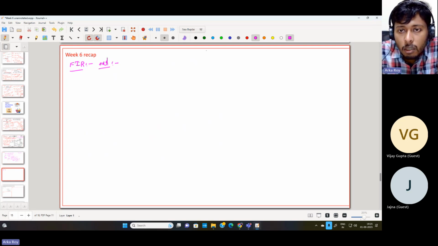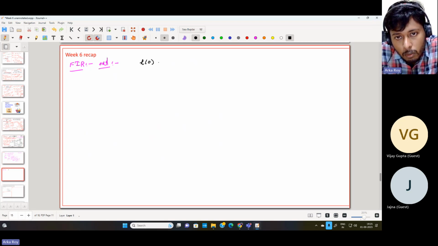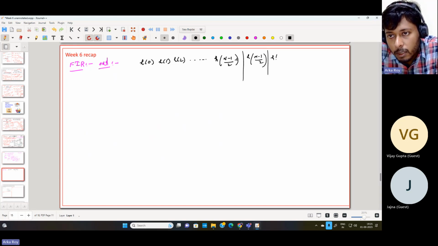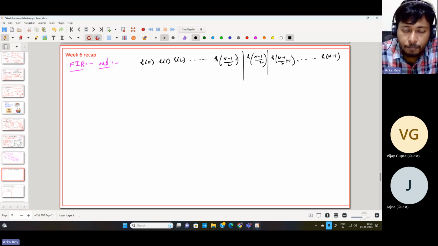In case of odd filter coefficients, it will start with h0, h1, h2, dot, h of (N minus 1)/2 minus 1, then h of (N minus 1)/2, and then h of (N minus 1)/2 plus 1, dot, dot, dot, let's say h of N minus 1.